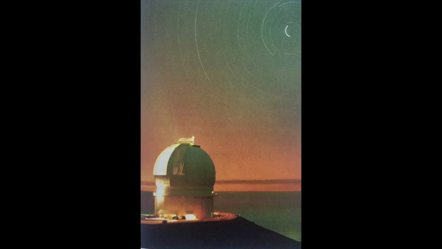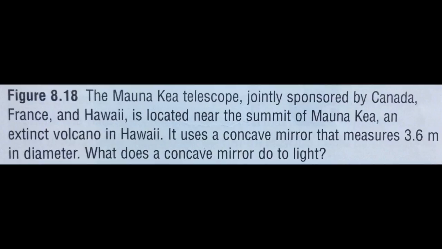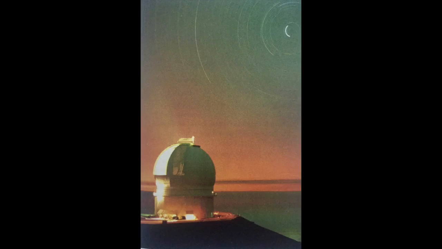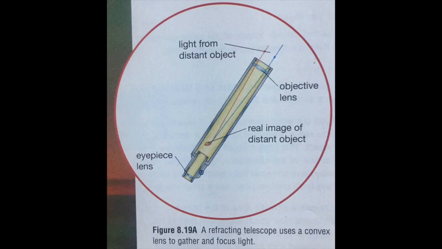Figure 8.18, the Mauna Kea telescope, jointly sponsored by Canada, France, and Hawaii, is located near the summit of Mauna Kea, an extinct volcano in Hawaii. It uses a concave mirror that measures 3.6 meters in diameter. What does a concave mirror do to light?